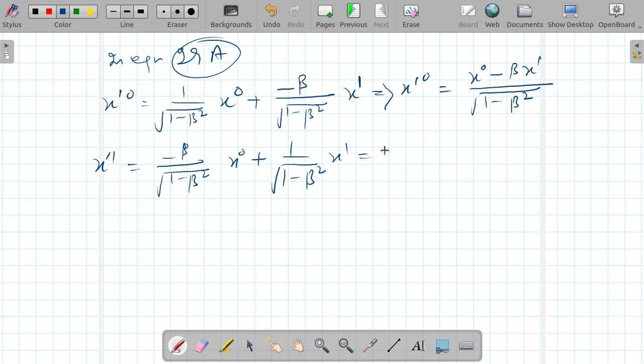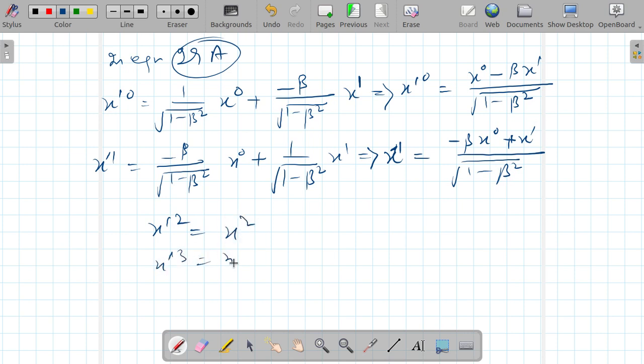It can be written as x prime 1 is equal to beta x naught plus x1 over 1 minus beta square under the root, and x prime 2 is equal to x2, and x prime 3 is equal to x3. And say this is equation number 38.